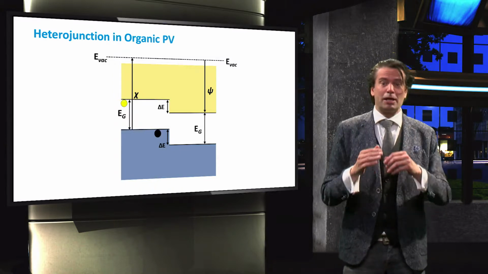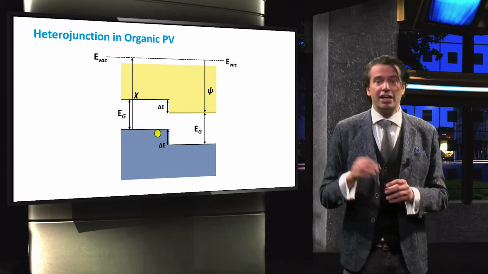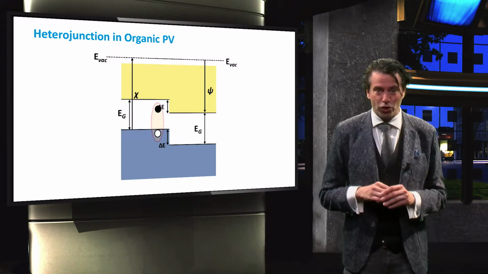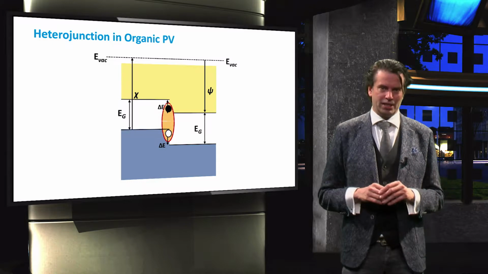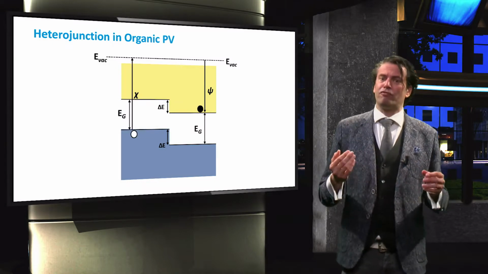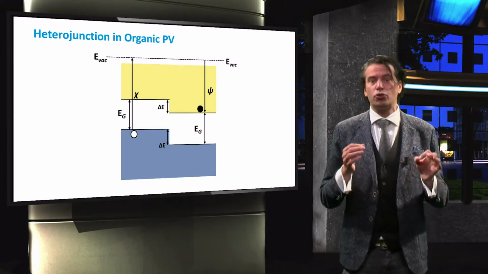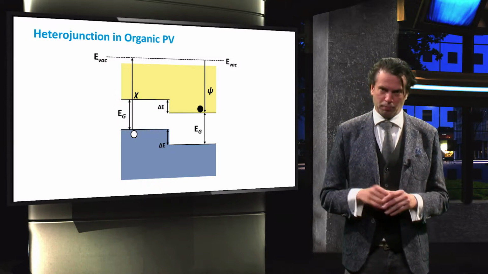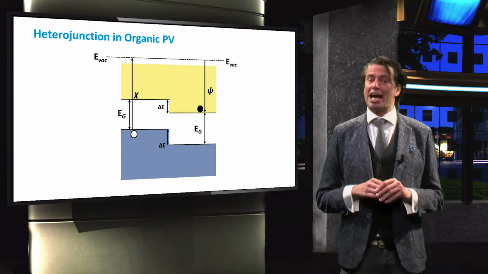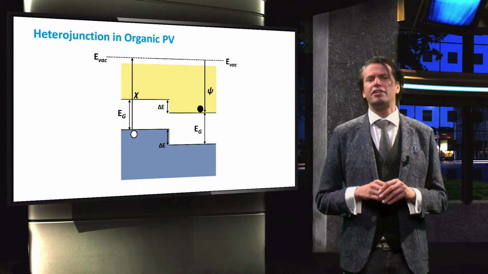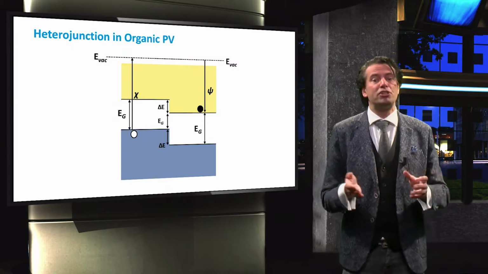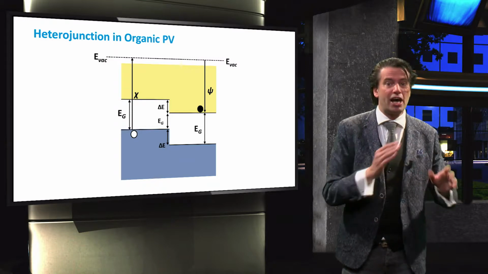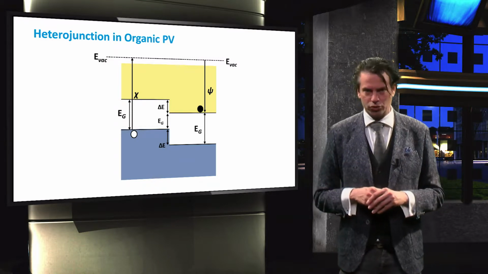An exciton can be split at this interface if the electrostatic force is high enough. Indirectly, the interface formed will act equivalent to a p-n junction that separates charges. The effective band gap in such a heterojunction interface becomes the difference in the energy levels between the LUMO of the electron acceptor and the HOMO of the electron donor.